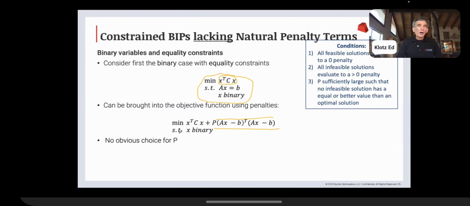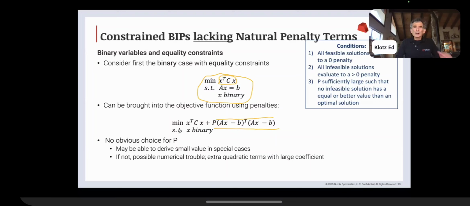So in general, there's no obvious choice for P. What we want to look at is, how do we get a handle on trying to derive small values in special cases? We already touched on the fact that the annealer has issues with wide ranges of coefficients.